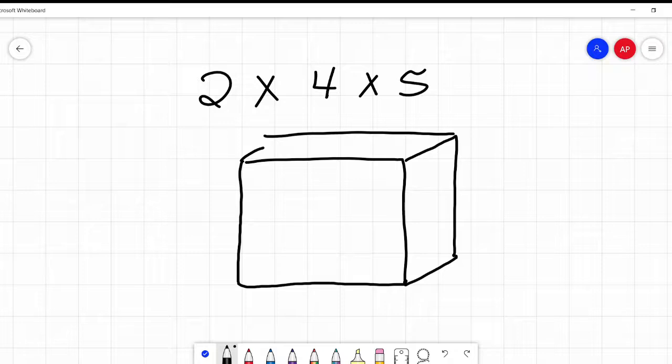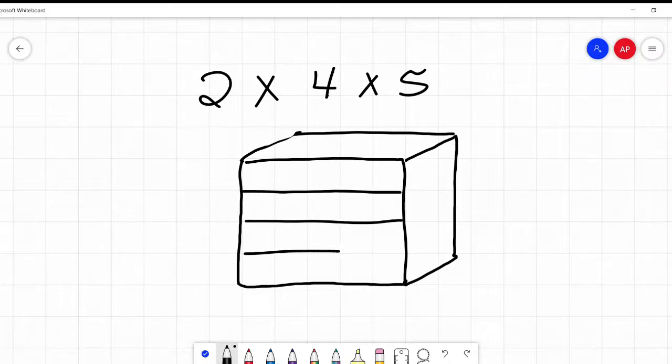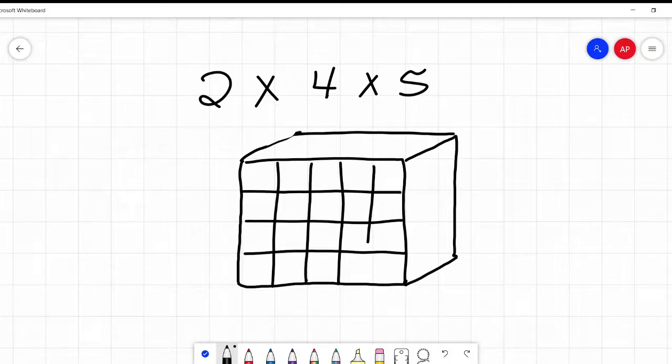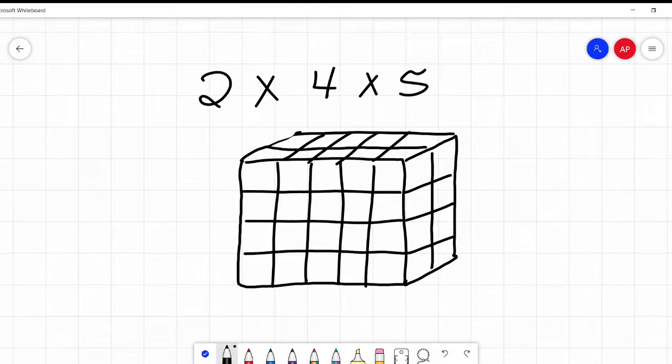There we go. That's better. All right. So if we look at this as a three-dimensional thing, I'm quiet because I'm concentrating. There we go. All right.